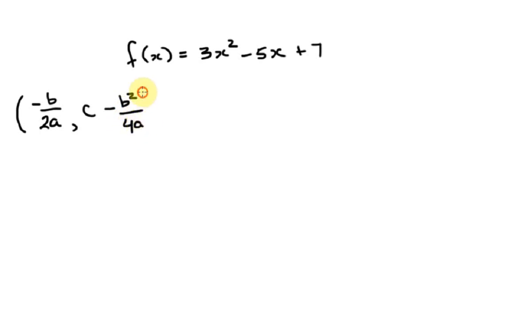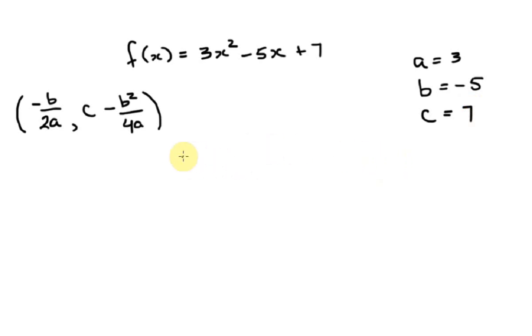Notice the importance here. You got to know what's a, what's b, and what's c. So maybe the first thing you would do is say, well, a is the number in front of x squared, so that's 3. b is the number in front of the x, so that's negative 5. And c is the constant at the end, which is positive 7.